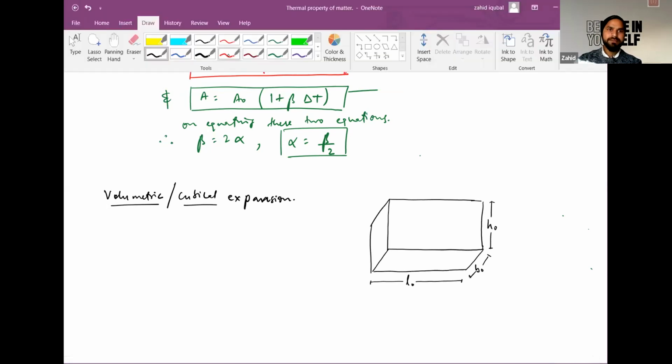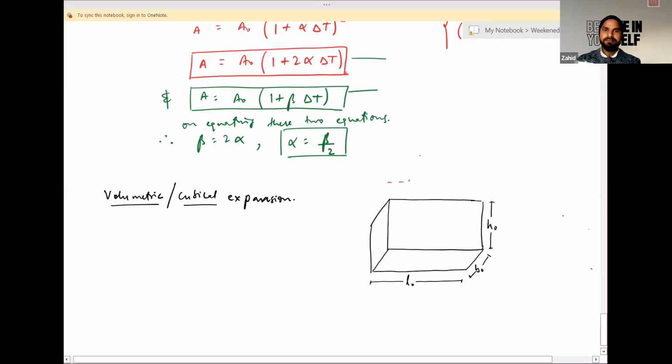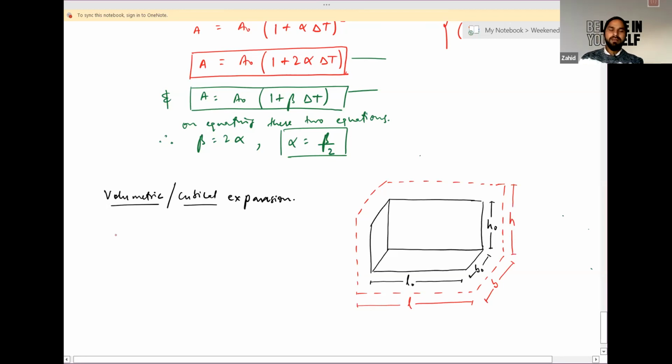On increasing temperature, it may expand uniformly in all its dimensions. So it will be L, B, and H.